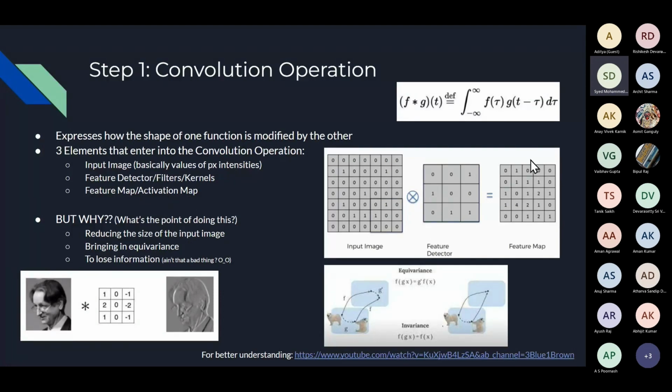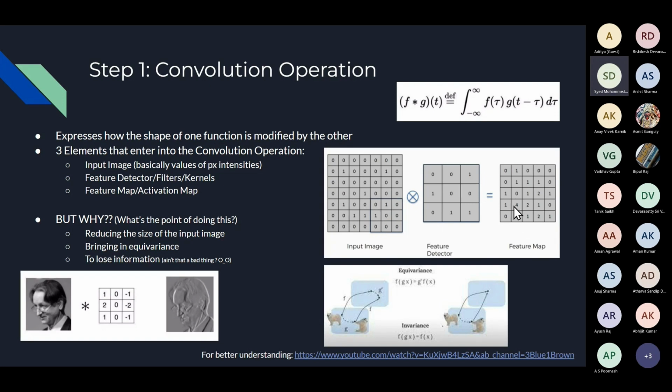The feature map has values like 1, 1, 1, 2, 4, for example. Let's see this 4. This 4 came from this 3 cross 3 bit of the input image. As we can see, this part of the input image is a complete match with the feature detector, since all the ones line up with each other.